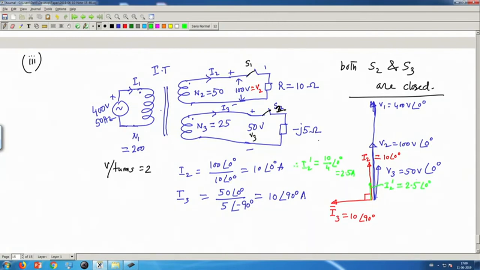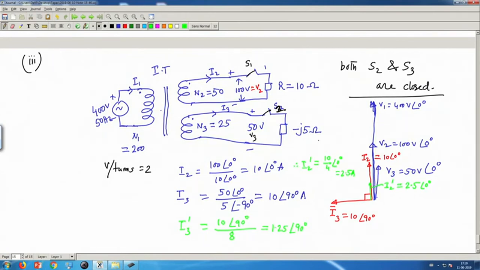Similarly, this is I 3, therefore I 3 dashed will be 10 angle 90 degree, but its turns ratio is different, 400 by 25, that is 8. So, this divided by 8, the reflected current, will be 1.25 angle 90 degree.